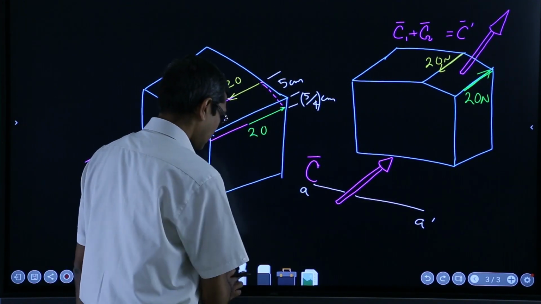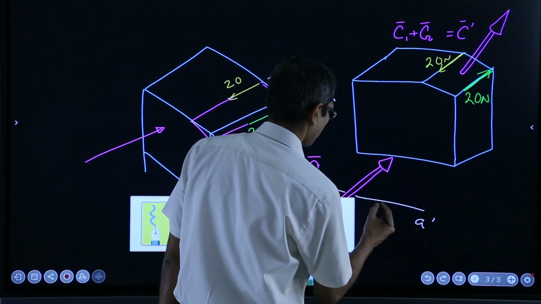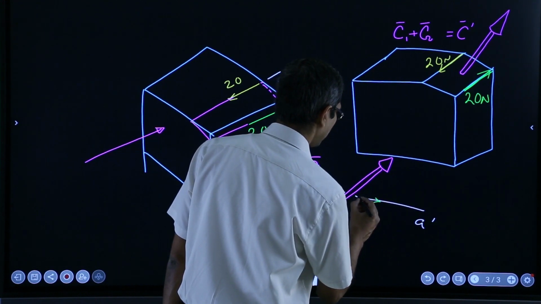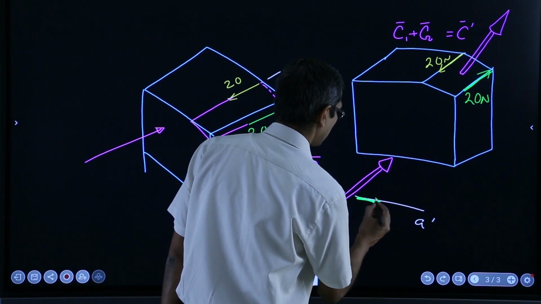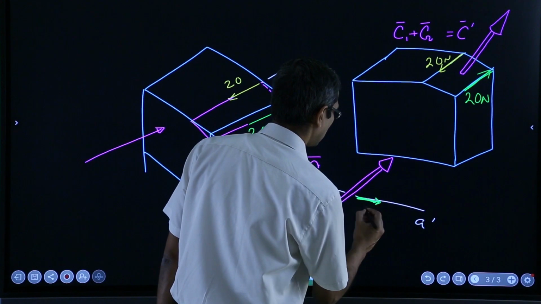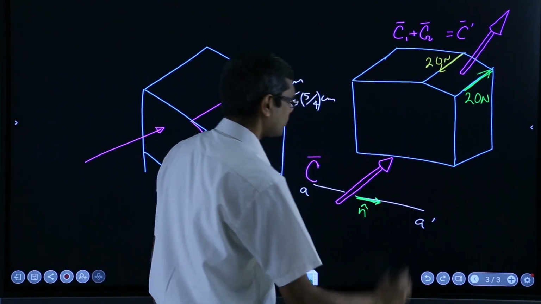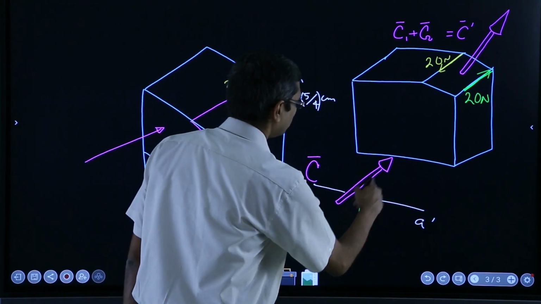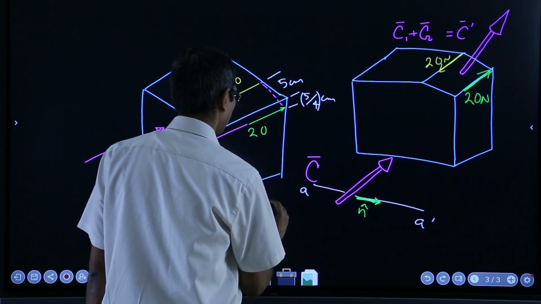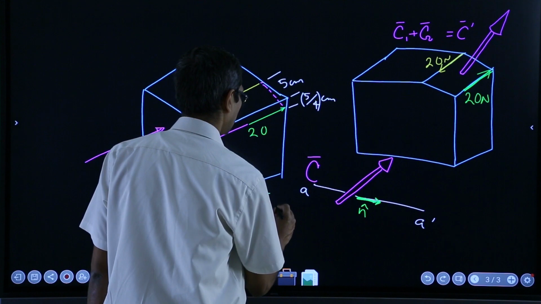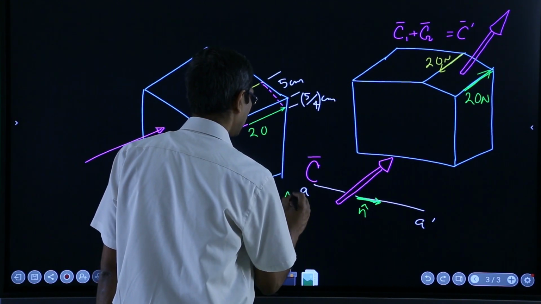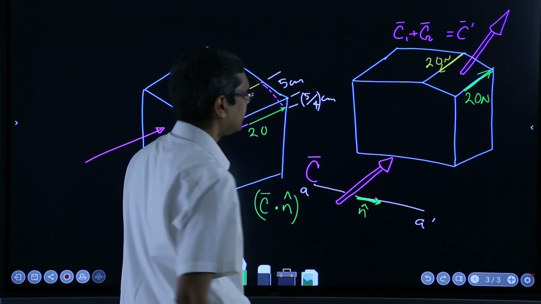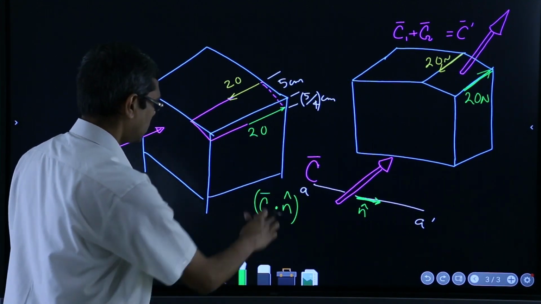Then the same thing which we did for the moment should be done, and now suppose this is our vector n, which represents the unit vector in the direction of A prime. So you just have to do C dotted with n to get whatever we want to get.